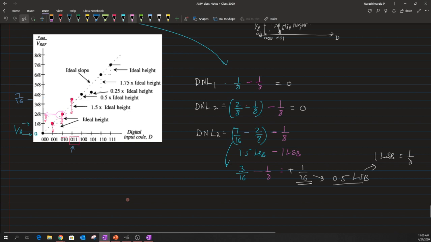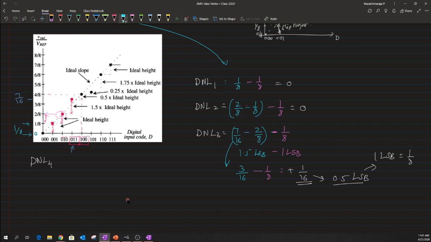Okay. So let me move on to the next one, which is the DNL of 4. So when we feed in an input value of 100, we are getting a corresponding point which reads an output value which is equal to 4 by 8. Okay.